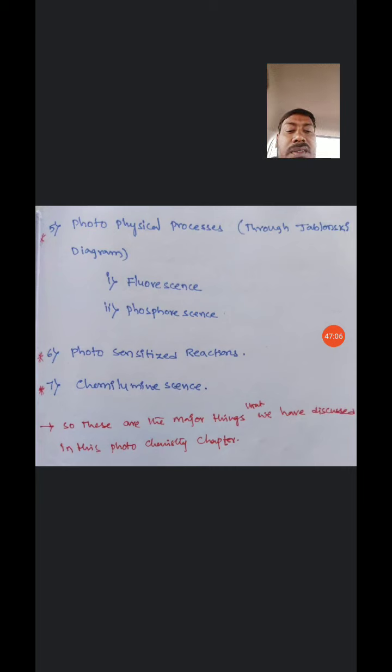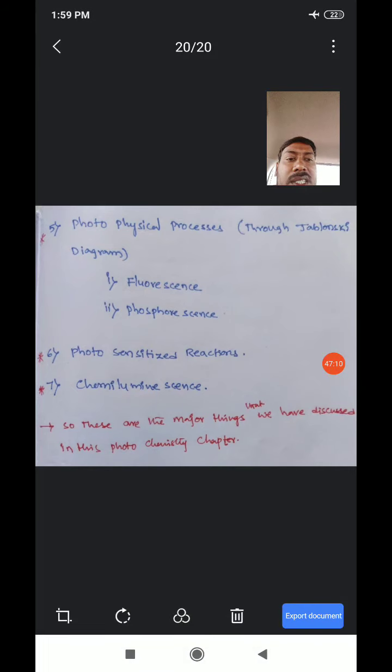Next, photosensitized reactions, and then chemiluminescence. These are the major things we have discussed in the photochemistry chapter.